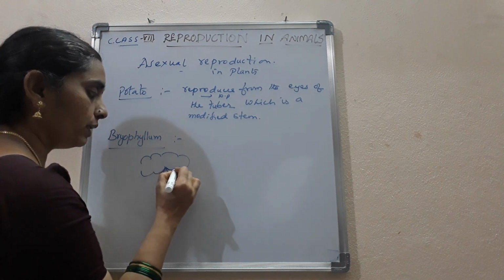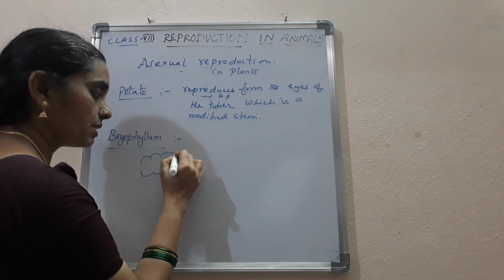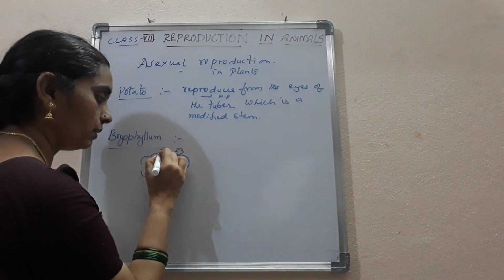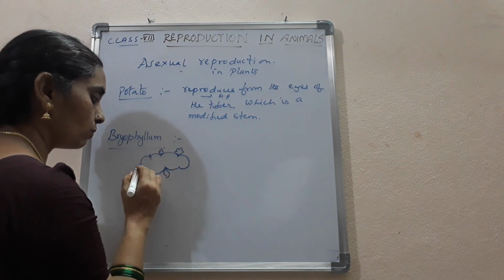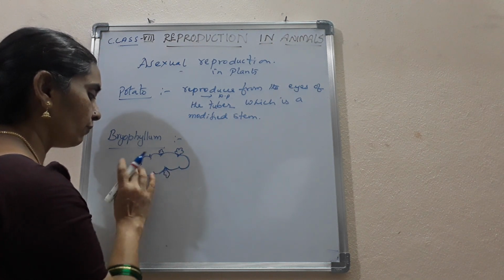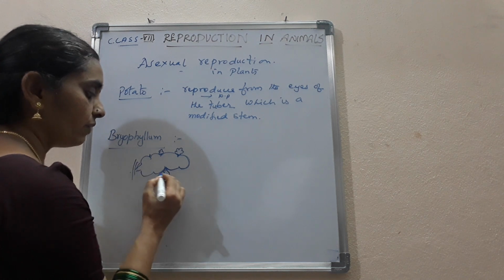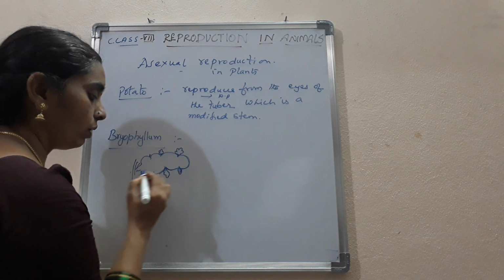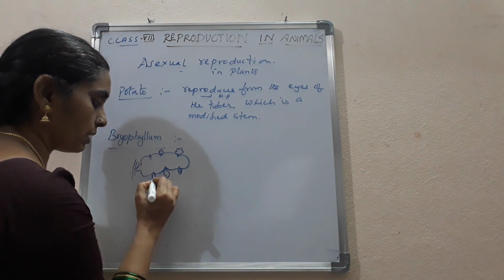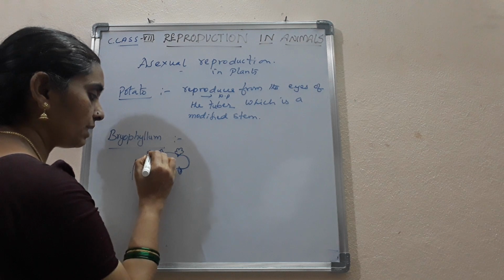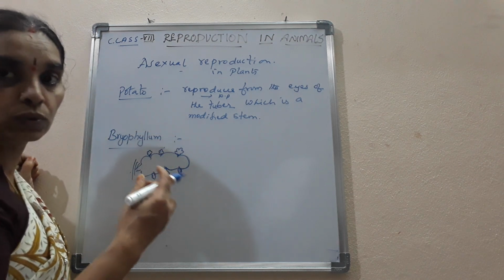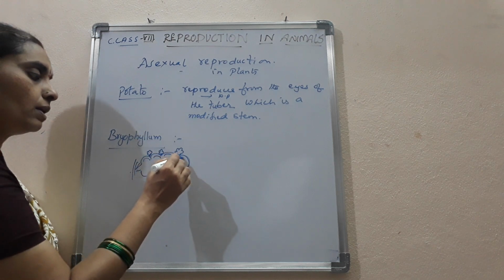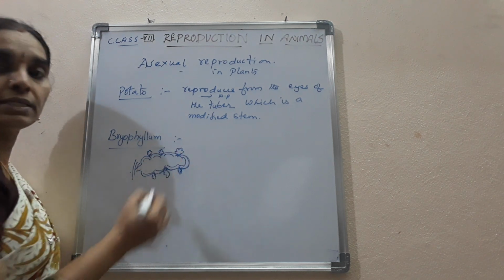At every node of the leaf, you can see small buds arising from the leaves, isn't it? These are small bud-like projections, which detach themselves after they grow completely.